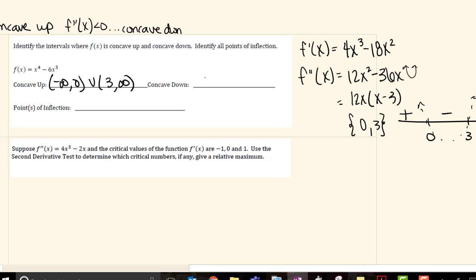Concave down is occurring on that middle interval where the double derivative is negative. So we have up, down, up. So 0 to 3. And my points of inflection are where is that actually changing concavity? And this is going to be at x equals 0 and 3.